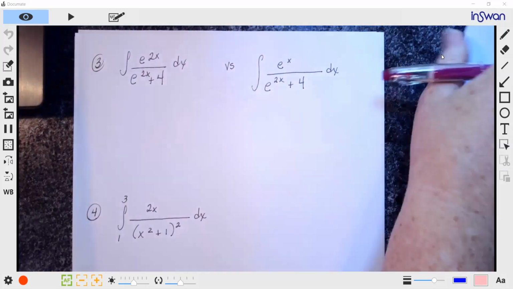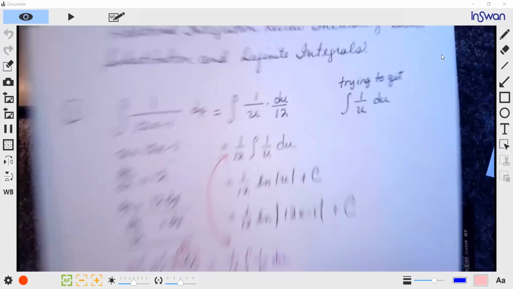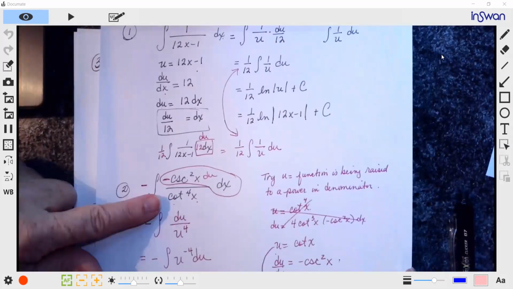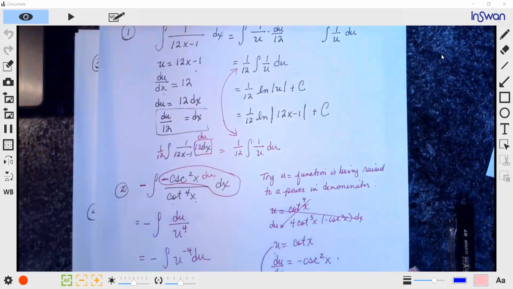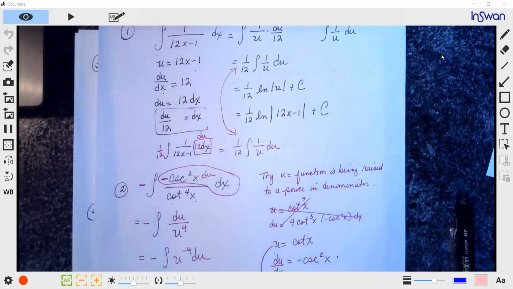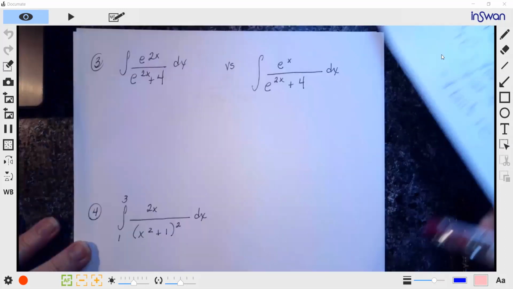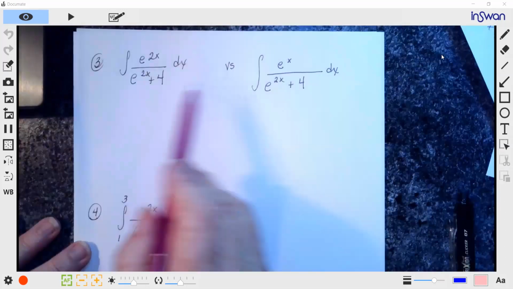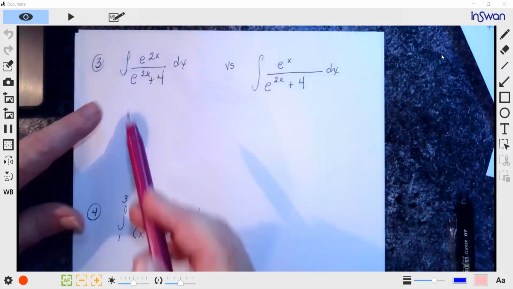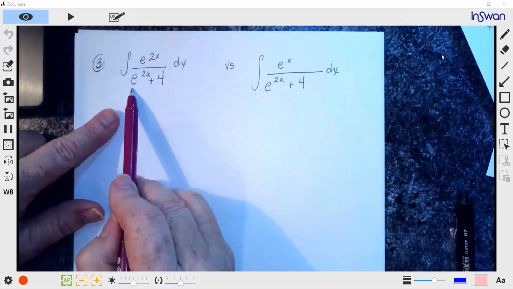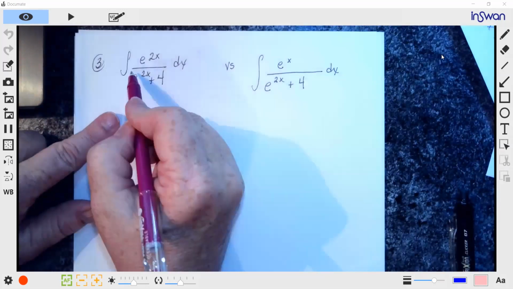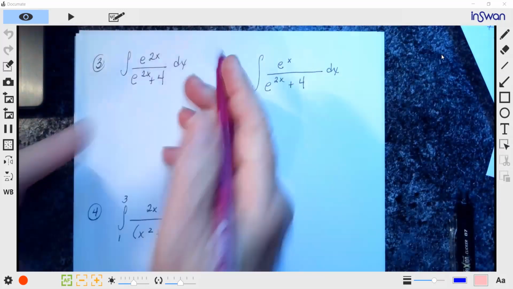Now, in the example that we just did up here, it was the entire cotangent being raised to the fourth power. So the denominator was something to the fourth power. When you have sums and differences in there, it doesn't usually work that way. In other words, you don't usually just take just this piece as the u value. If you had something like this whole thing raised to a power, then you might.